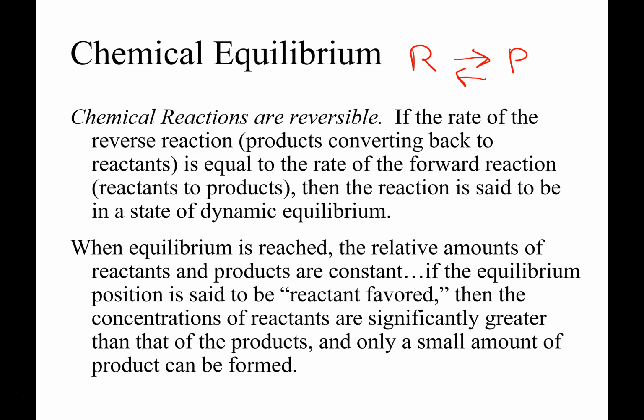If that's the case, you're never going to get 100% products, because they're always going back and forth, reactants from products, products from reactants. That's what we call chemical equilibrium. And acidity, basicity, pH, which is also a Gen Chem 2 topic, is one major chemical equilibrium.